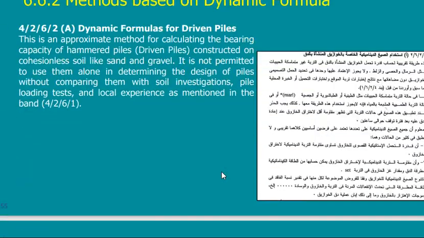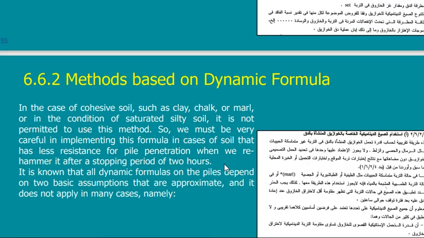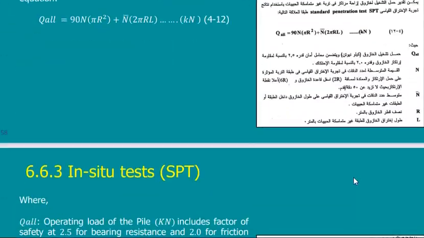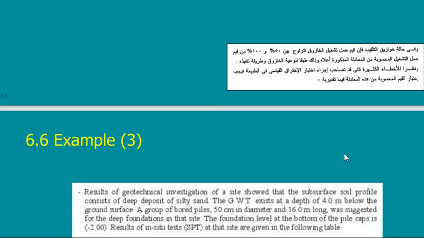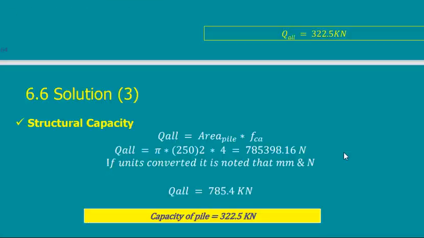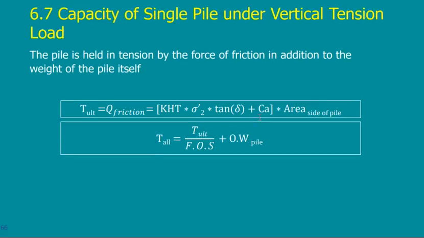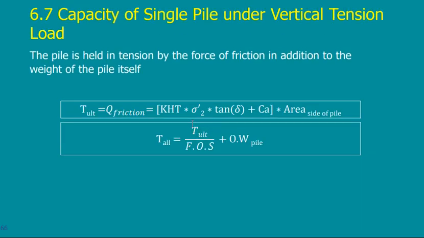Use whatever method you want, or whatever is available for you. But yes, you have to neglect the end bearing portion. So now I take the ultimate load that is given for tension using any equation.